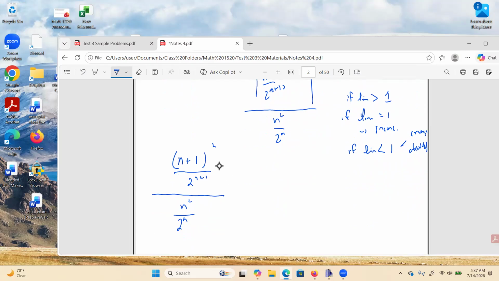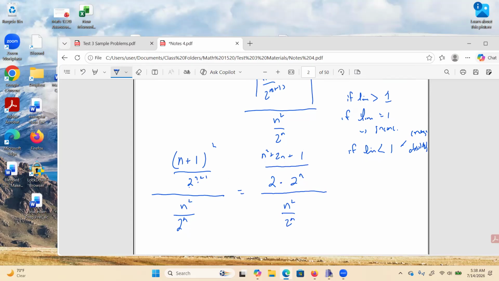I'm going to go ahead and multiply some of this out. So this is equal to n squared plus 2n plus 1, divided by, now rules of exponents, 2 to the n plus 1 is 2 times 2 to the n. So that's what this means. And then divided by n squared over 2 to the n.